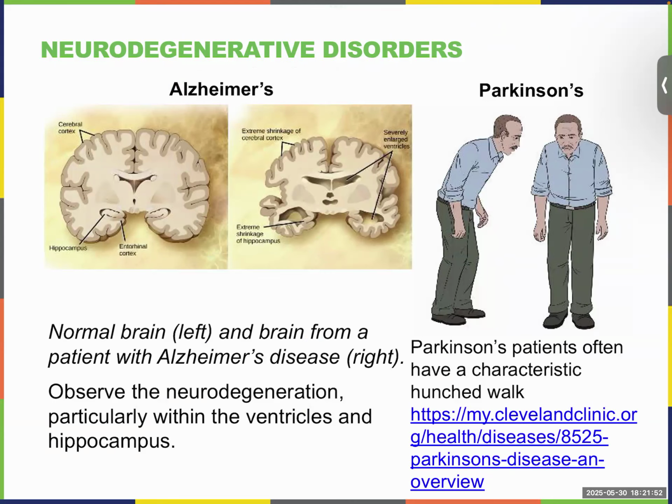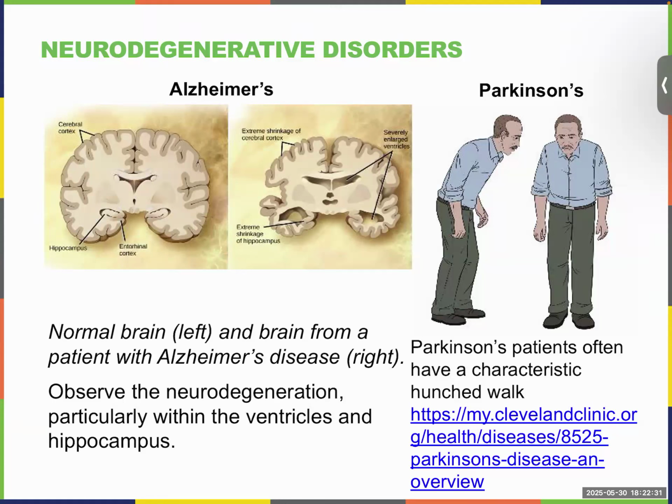So there's shrinking of the cerebral cortex, but the ventricles, which is a little confusing because we did have ventricles in the heart, these are different. These openings have gotten bigger, and the hippocampus has also shrunk. So again, we have shrinking of the brain overall, but the ventricles or openings have gotten bigger.